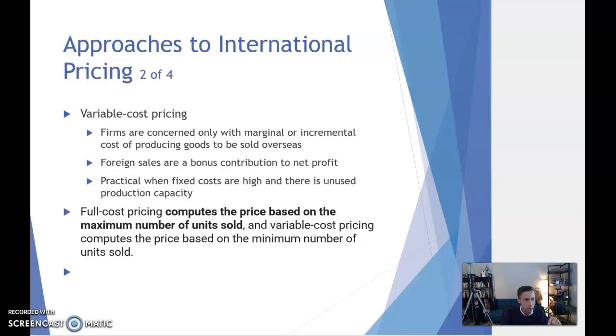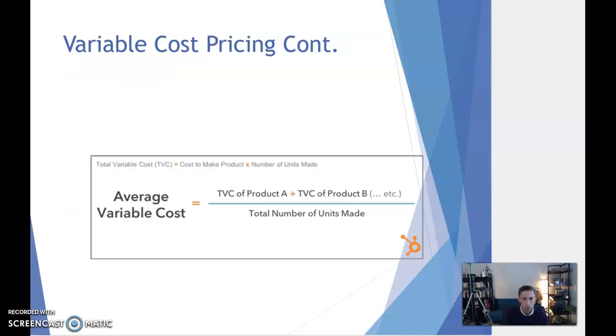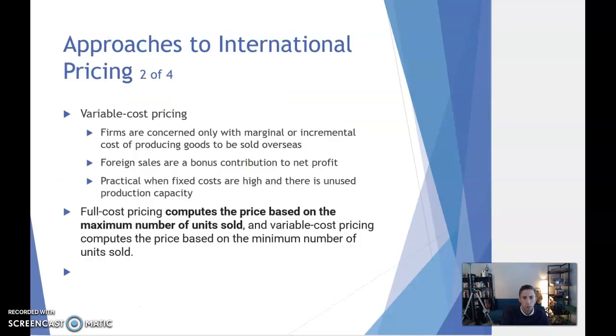I should have the calculation here, based on the maximum number of units sold and the variable cost price itself divided by the minimum number of units sold, I think. Let me see, where's the calculation? It's not in here. I'll provide these examples in a separate deck so you guys can see it with the calculation.